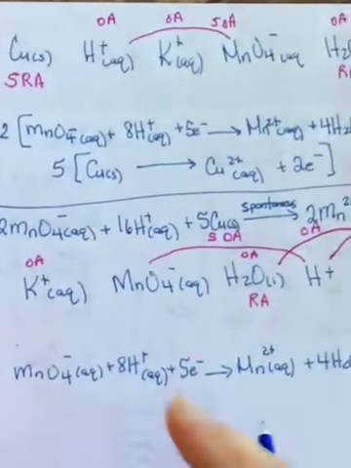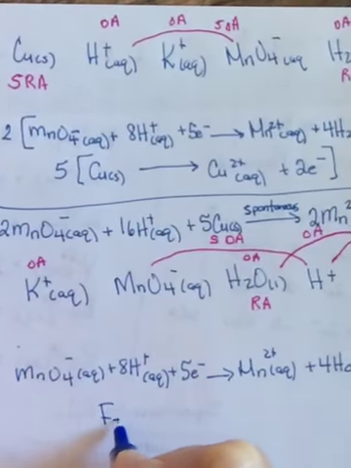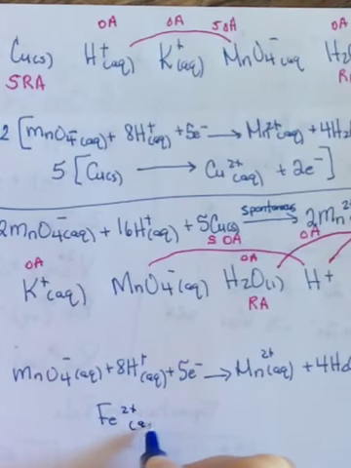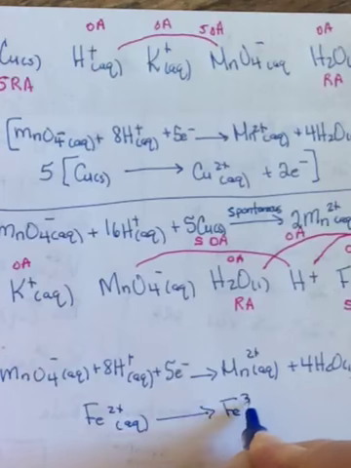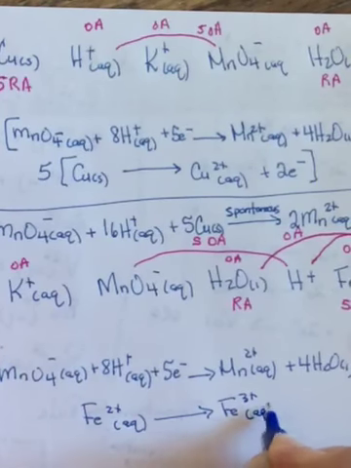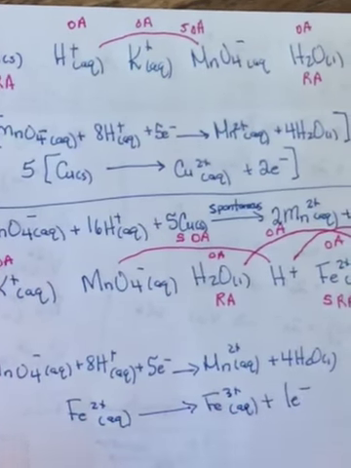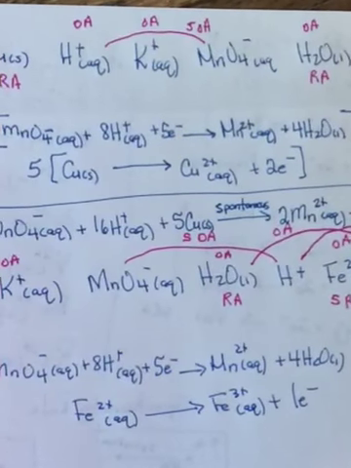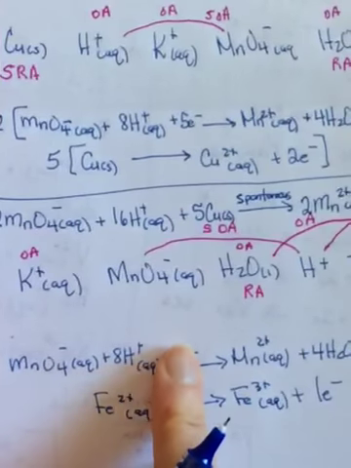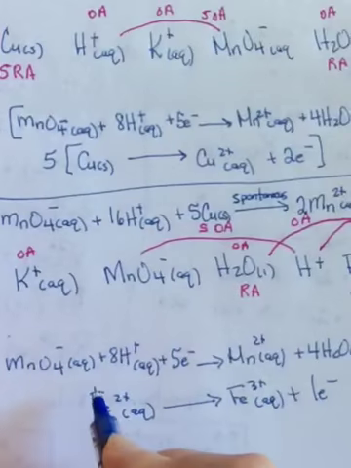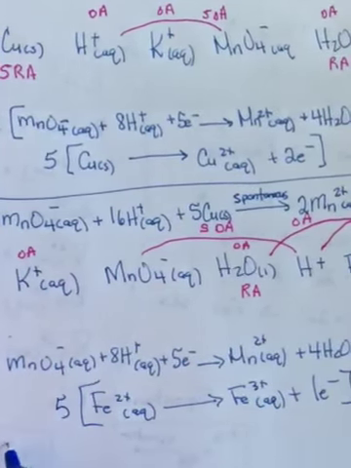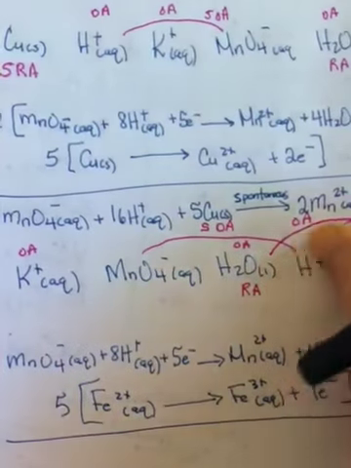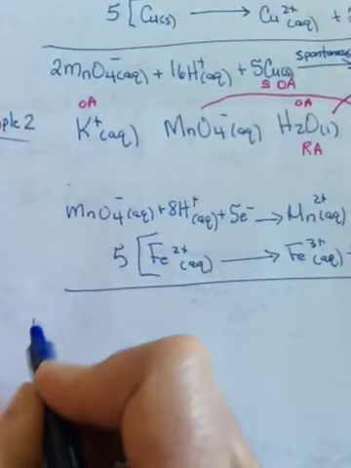All right, so Fe2 positive aqueous going to Fe3 positive aqueous plus 1 electron. Okay, now you need to balance your electrons. This one has 5, this one only has 1. Put a square bracket here, put a 5 in front, and now you can add these guys together.